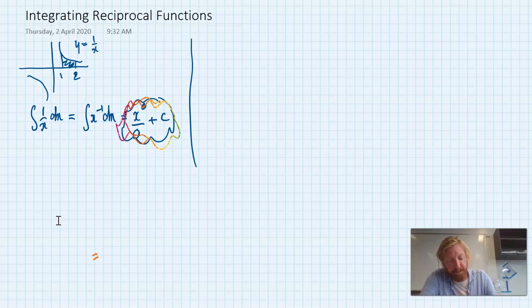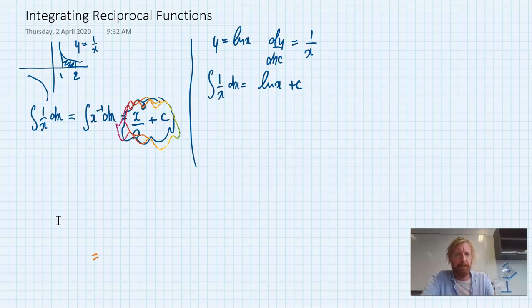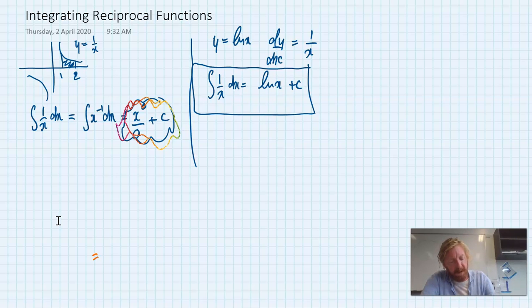If I take y equals ln x, I know that dy dx equals 1 on x from before. So I could then say that the integral of 1 on x dx equals ln x plus c. Easy. So now, just from knowing how to differentiate ln, that shows me how to integrate 1 on x.